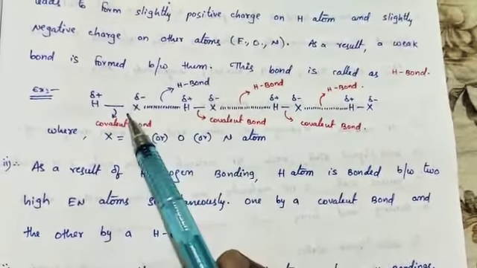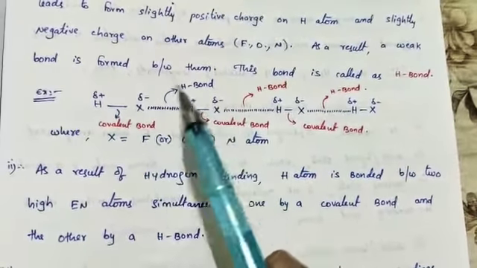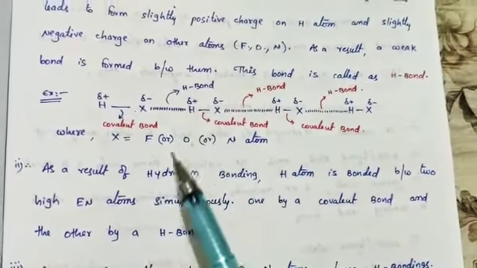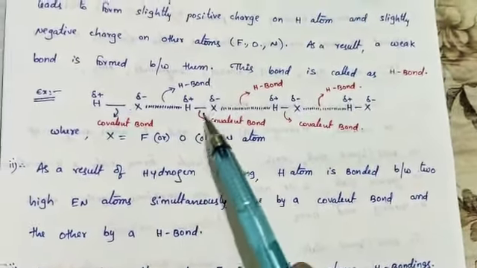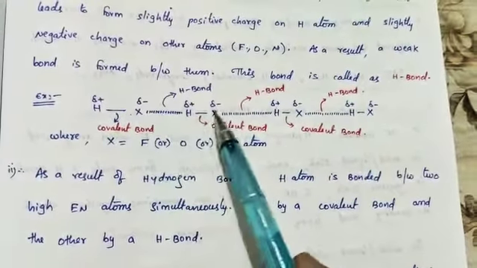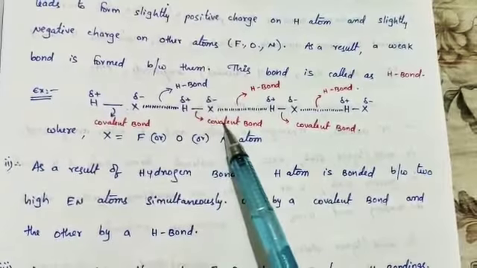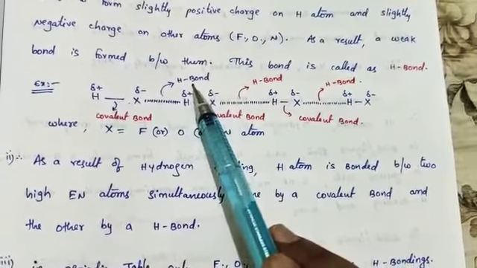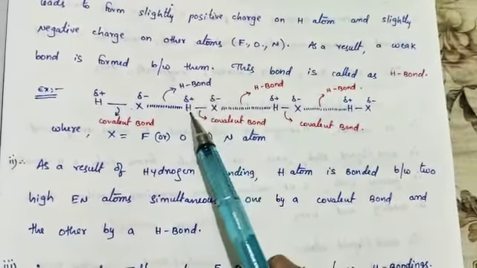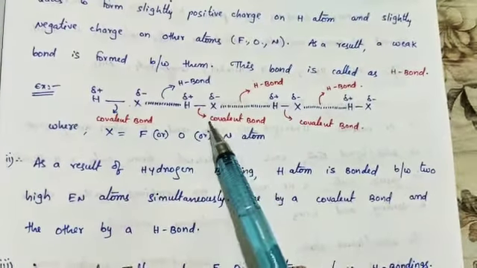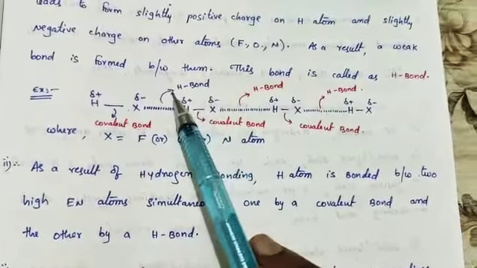On one side there is X, on the other side there is X: a highly electronegative atom on each side, and between them is the hydrogen. Whenever we have hydrogen bonding, the hydrogen atom is present between two highly electronegative atoms, where one bond is a covalent bond and the other bond is the hydrogen bond. Here the hydrogen atom is between the two: on the right-hand side there is a highly electronegative atom, and on the left-hand side there is a highly electronegative atom. On one side there is a covalent bond, on the other side there is a hydrogen bond.